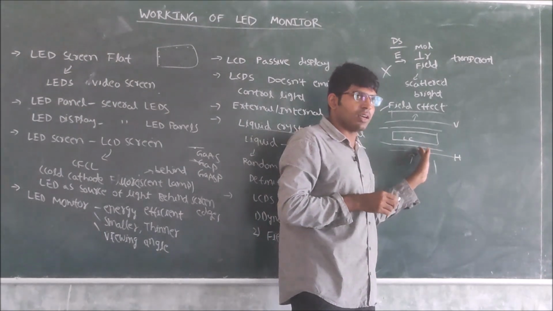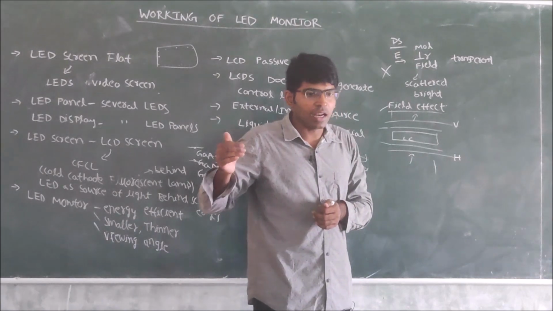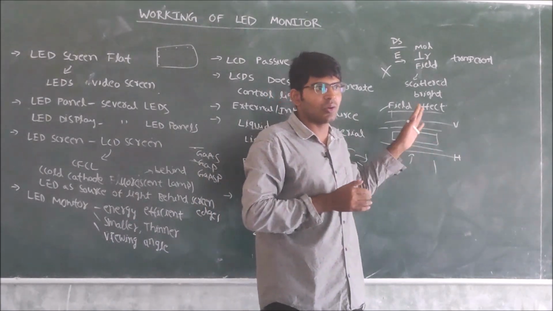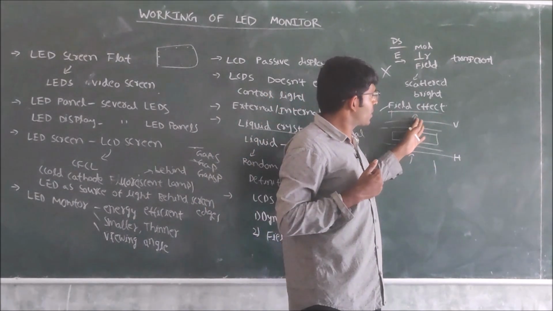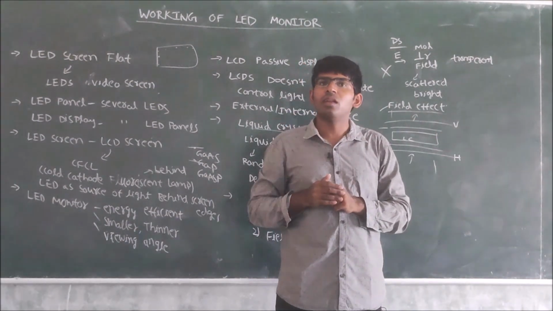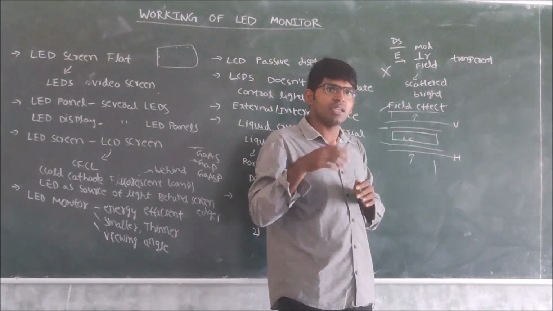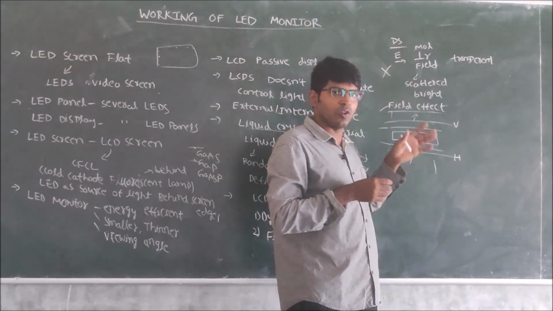This is the horizontal filter and this is the vertical filter. Horizontal filter means when the light passes through it horizontally, then only it will allow. Vertical filter means when the light passes through vertically, then only it will allow. So the same light is passing through these two filters.